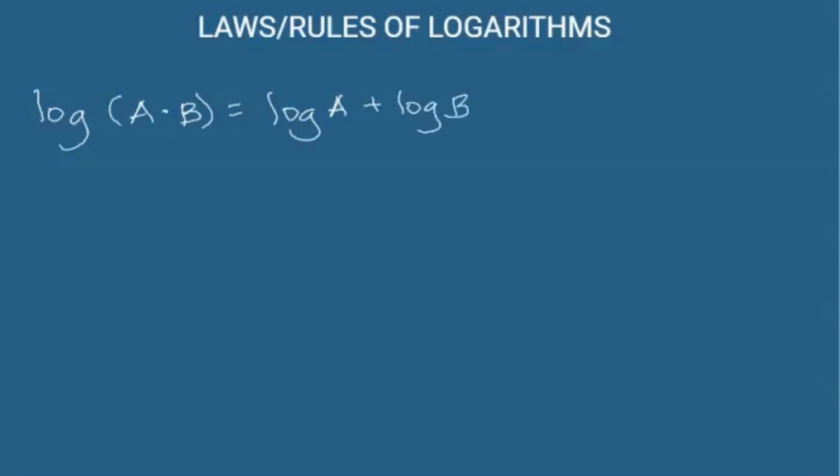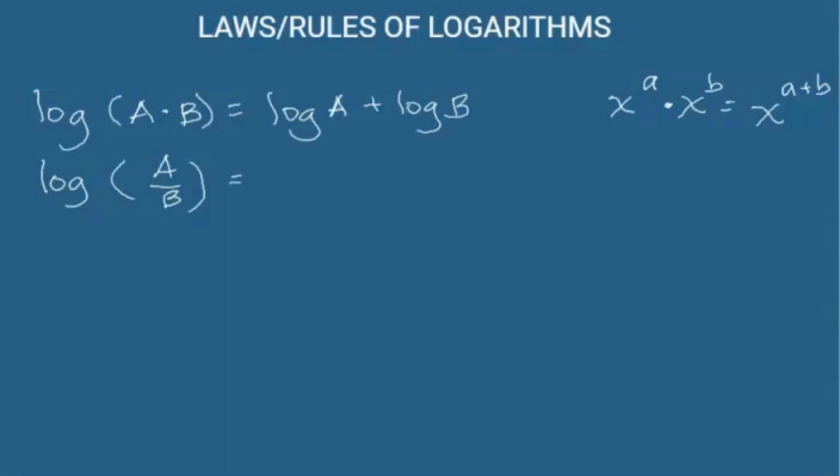If you remember the exponential product law, if we have x raised to a times x raised to b, with the same base, we add the indices or the exponents. Next is the quotient law: the logarithm of a over b.